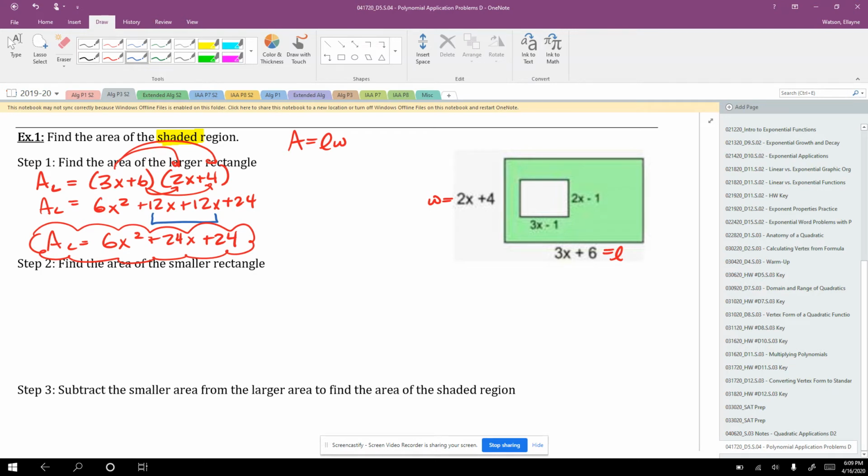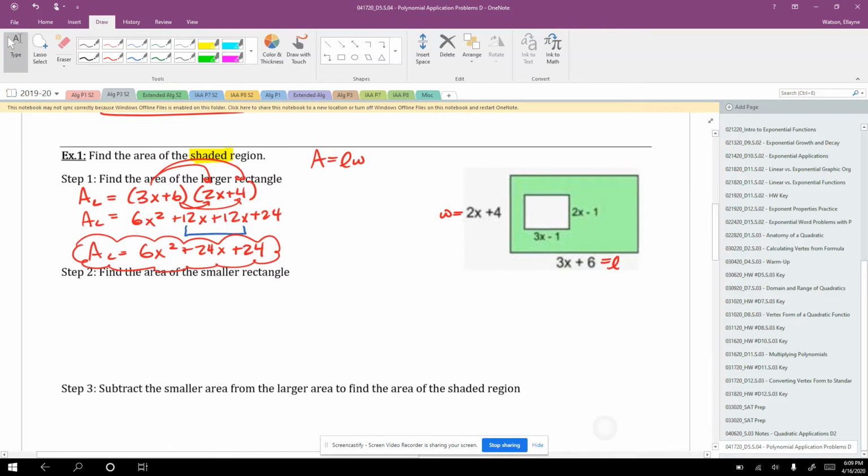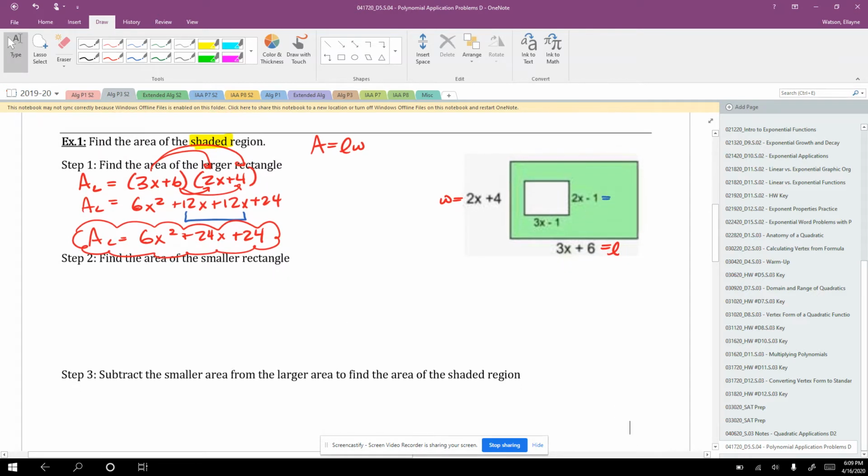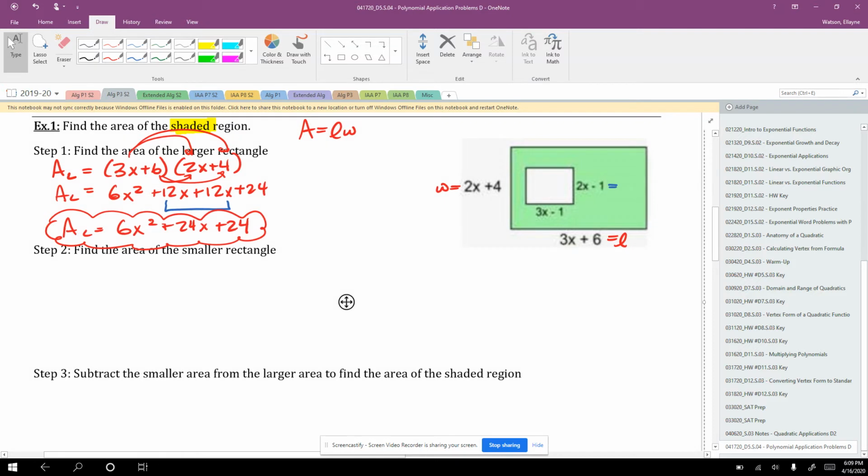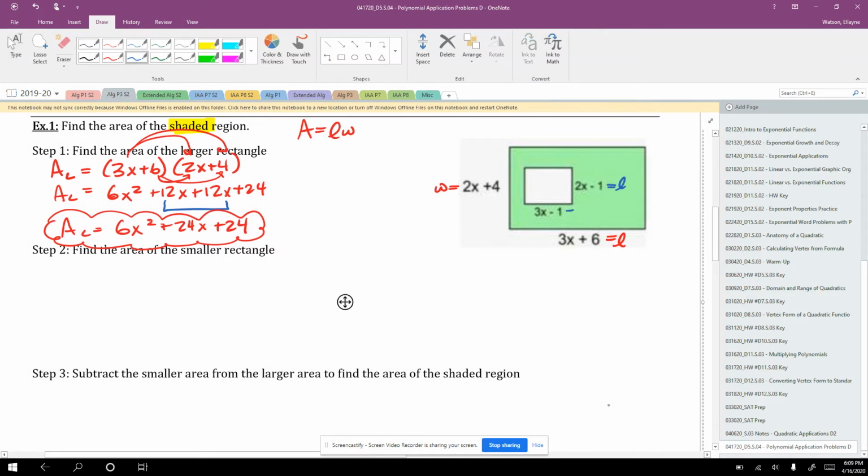All right, let's move on to the area of the smaller rectangle. For the small one, I'll use this again as my length. I'm having some trouble here, apologize. And this is my width. So the area of the small is going to be 2x minus 1 times 3x minus 1.